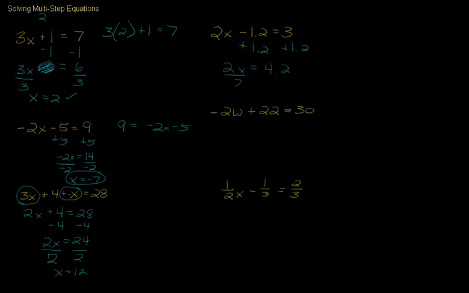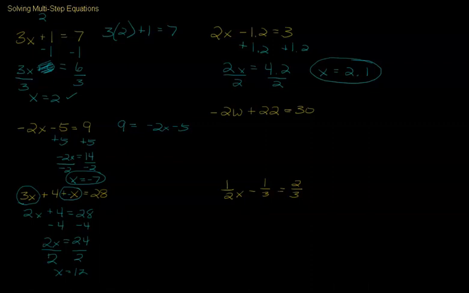Go ahead and divide by 2, and we get x equals 2.1. So we added and then divided, which is almost the opposite of all your PEMDAS stuff. We're adding and subtracting first, then multiplying and dividing.